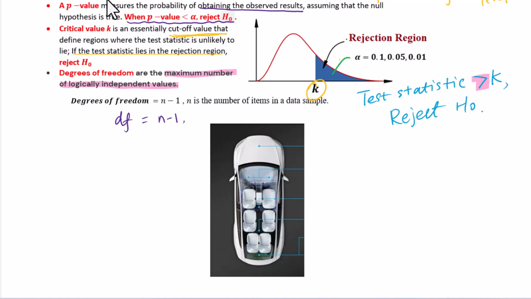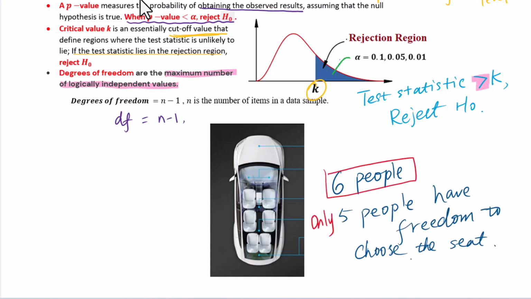You can use the seats in this car to understand the degrees of freedom. Think about 6 people who will sit in this car. Only the first 5 people who entered the car have the freedom to choose the seat.